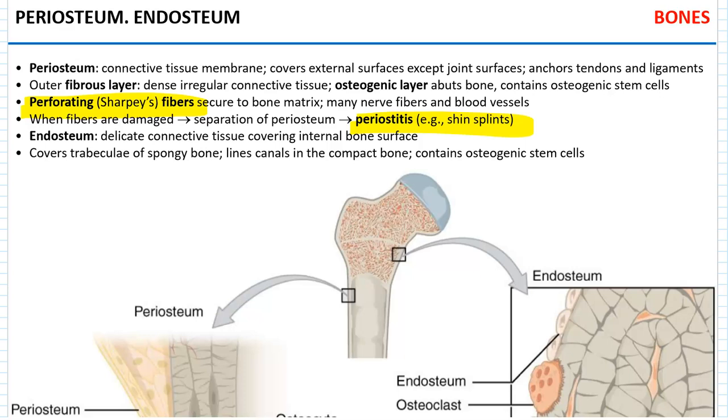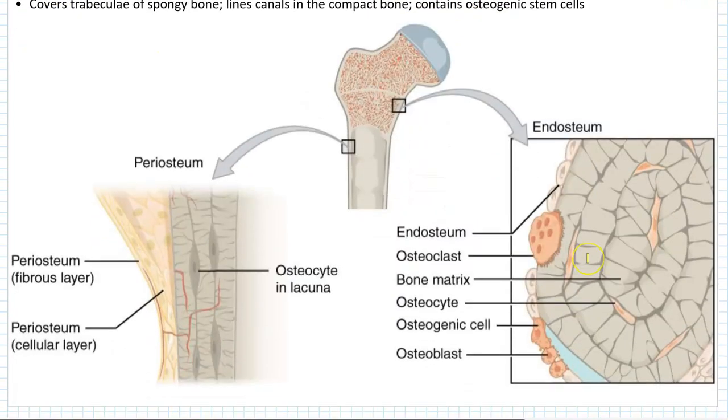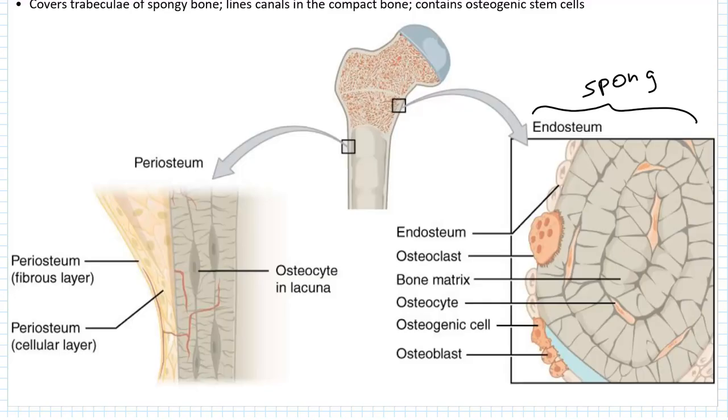Now, what about endosteum? So here's what I want you to understand, folks. Look, this is on the right, okay? This is a spongy bone. And spongy bone is quote-unquote trapped within the compact. Am I making sense? Yeah?